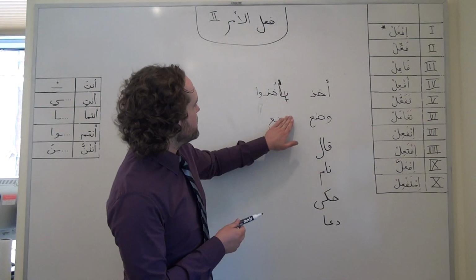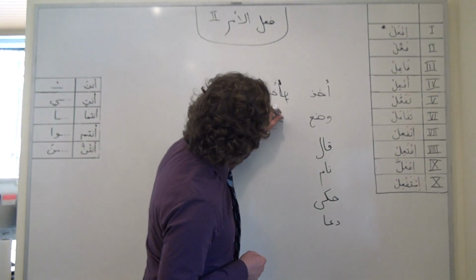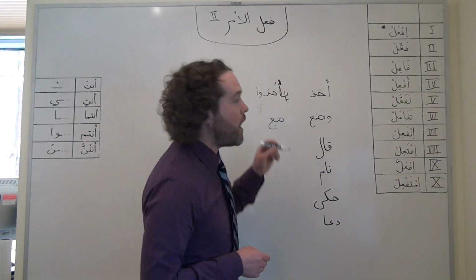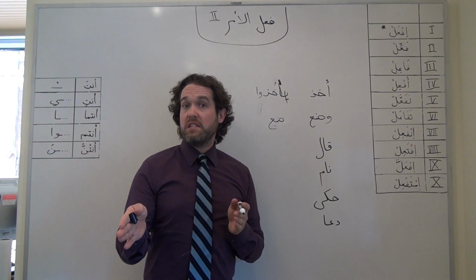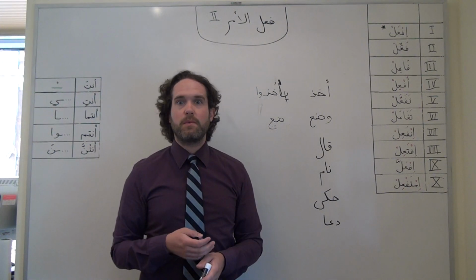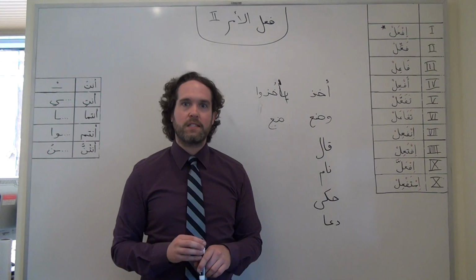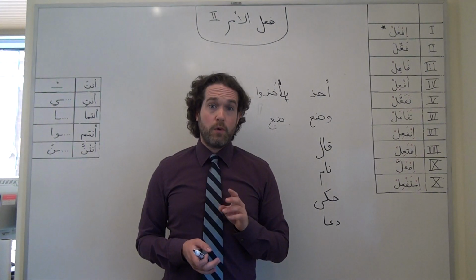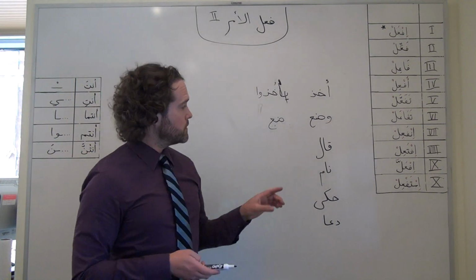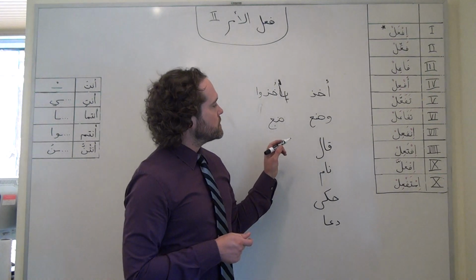We just need to drop that ya, but we're not going to replace the waw in the imperative, and we're just going to wind up with da. Same thing if we wanted to say you, enti, feminine, put something, put the book on the table, da'i al-kitab ala tawila, etc.